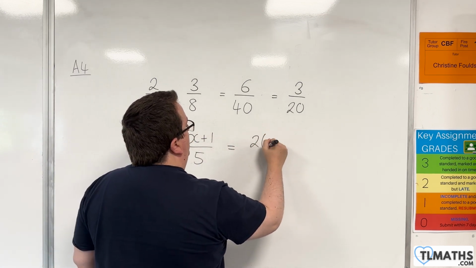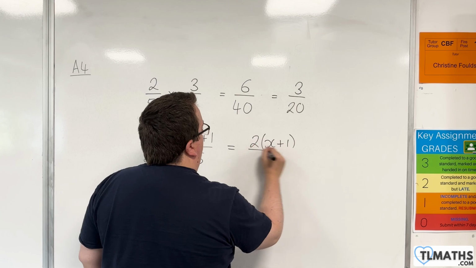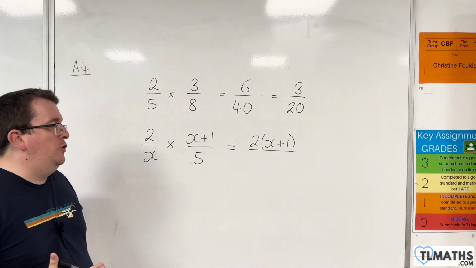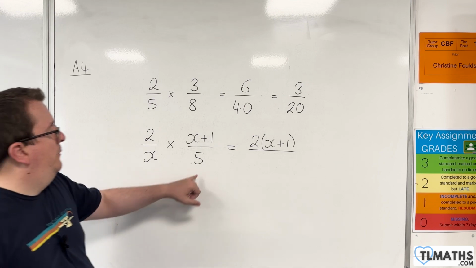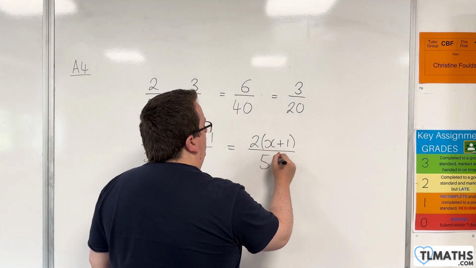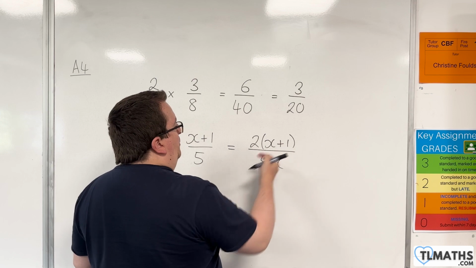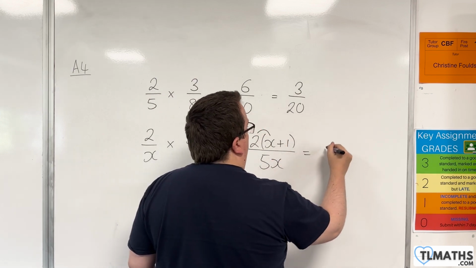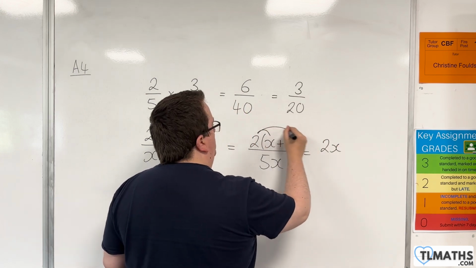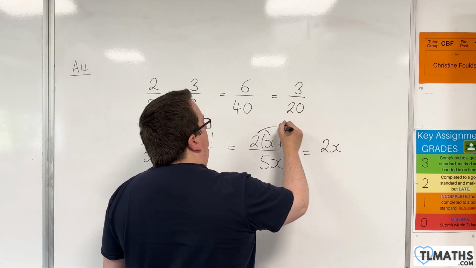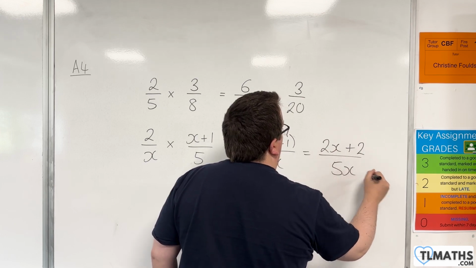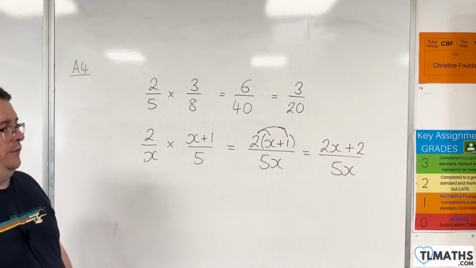Now that's the same as having it written like this, a job of expanding a single bracket. And of course, x times 5 I can write as 5x. So now if I expand that numerator, I need to do 2 times x, which is 2x, and then 2 times 1, which is 2. And so I've got (2x plus 2)/5x.